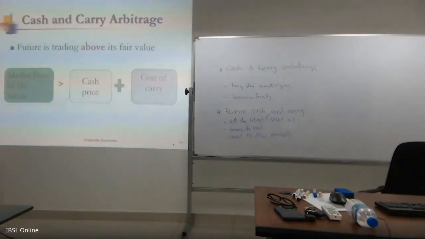Or if you have already bought the future, you will get that asset in the future. So you have to create an obligation to deliver that. So sell it today. You don't have it, as I said, so borrow the asset, sell the asset. Then once you sell the asset in the cash market, you get cash. What do you do with this cash? Invest it.